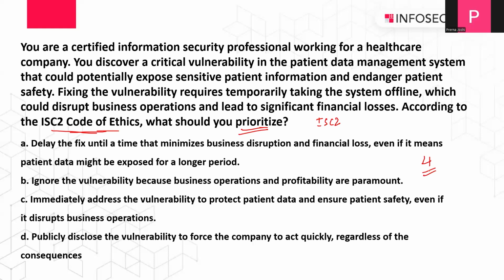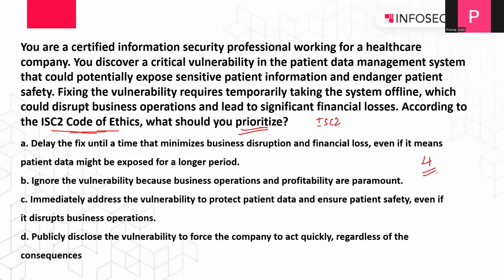The first is about protecting society, the common good, necessary public trust and confidence, and the infrastructure. The second is to act honorably, honestly, justly, responsibly, and legally. The third is to provide diligent and competent service to principals, and the fourth is to advance and protect the profession.